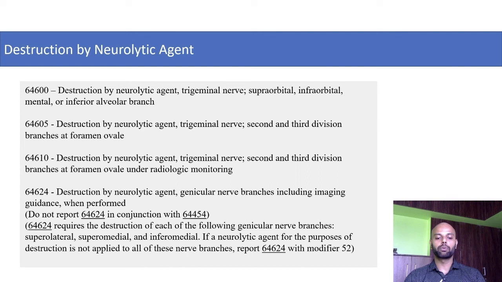The genicular nerve branches consist of superolateral, superomedial, and inferomedial. If a neurolytic agent for the purpose of destruction is not applied to all of these nerve branches, that's a reduced service. So we have to use a 52 modifier to indicate that this is a reduced service along with this procedure 64624.